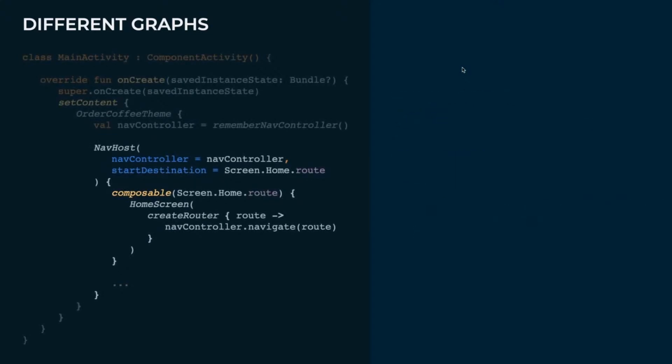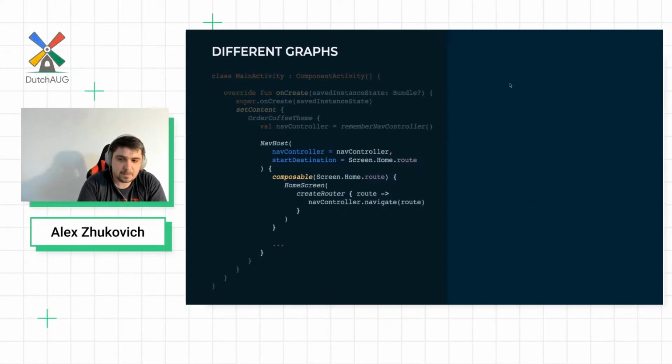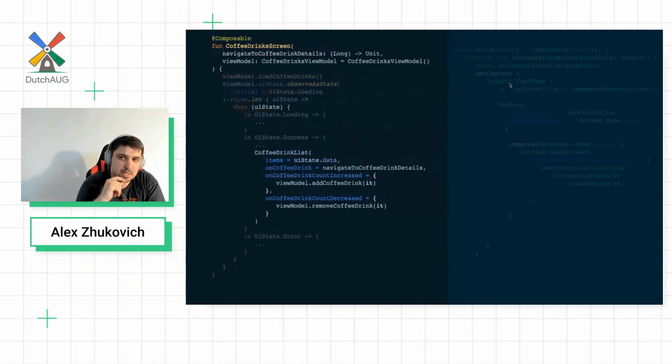So inside our nav host, to our screen, we can pass this router, and when any value is passed from our screen to the main activity, this root nav controller will execute it, and it helps us to navigate and replace the full screen with another screen, as I have with the basket payment screen. I'll come back to the demo and show a bit more details about it.